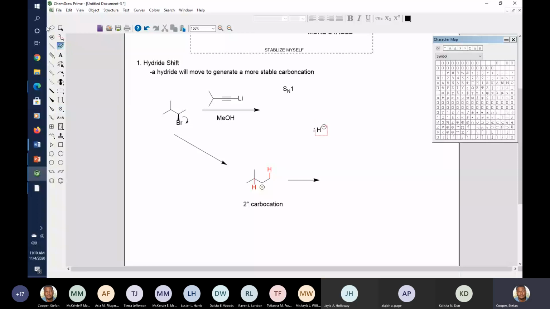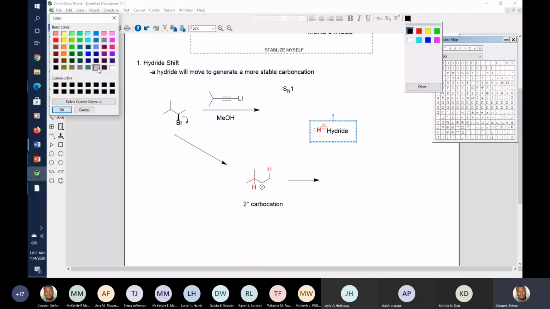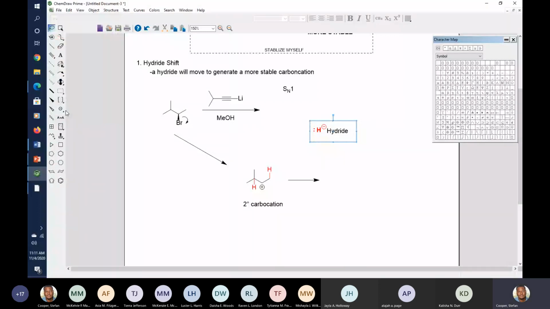This is what the hydride looks like. The -ide ending is for a compound that has a negative charge. So that means when I do the mechanism, I'm really describing the movement of an H with its 2 electrons. That's why we use the word hydride.